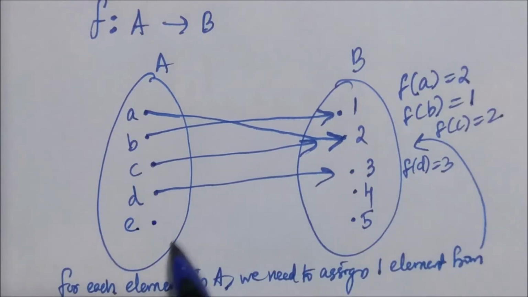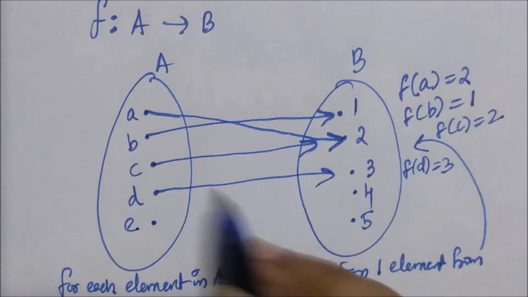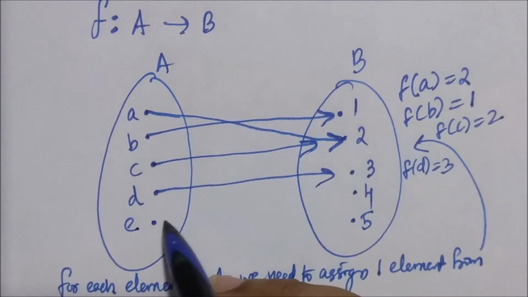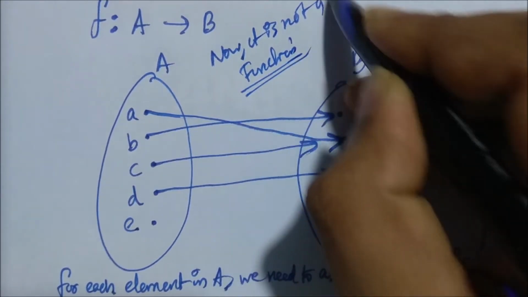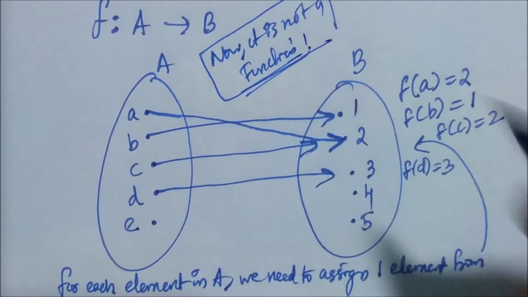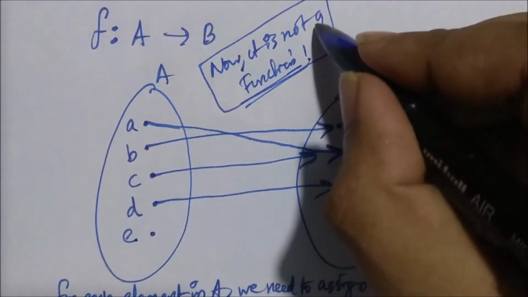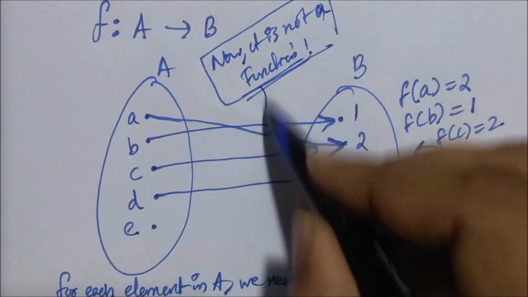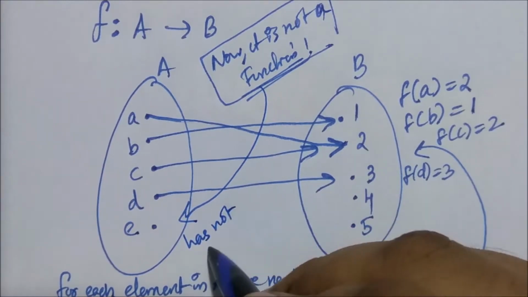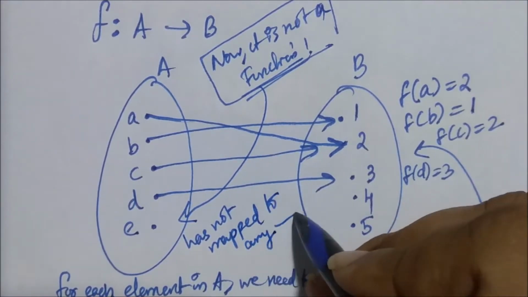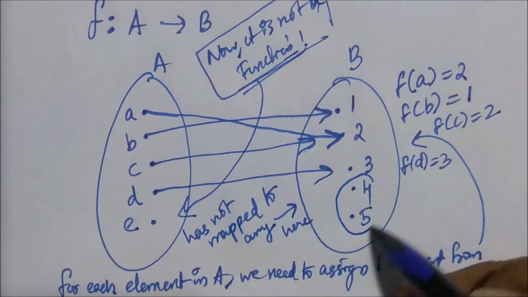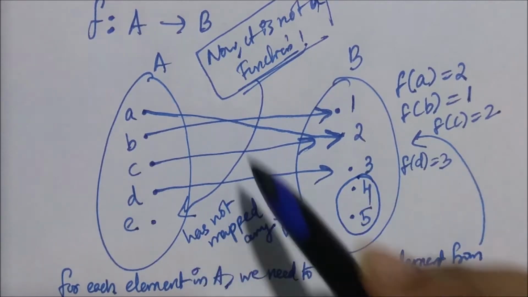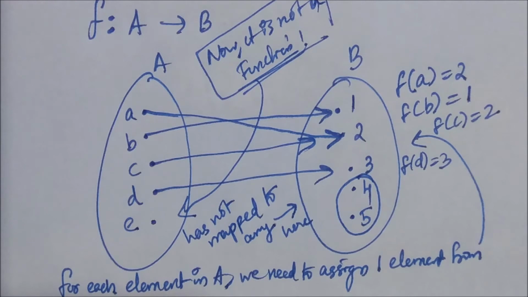But e has not been mapped to any element in the set B. If there is an element e in the set A which is not mapped to any element in B, then it is not a function, because a function means every element in the set A has to be mapped to exactly one element in the set B. Now if you see the elements 4 and 5 in the set B, there is no element in A which is mapped to these elements. So this scenario can happen.